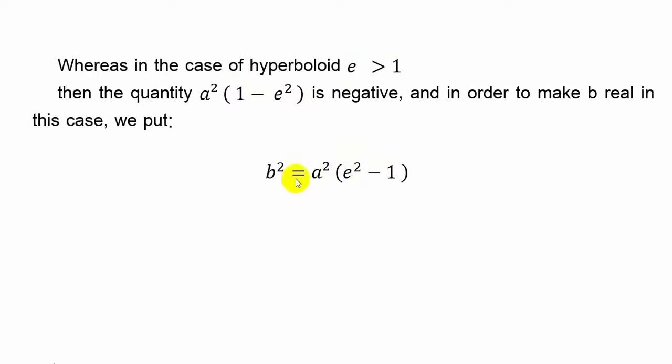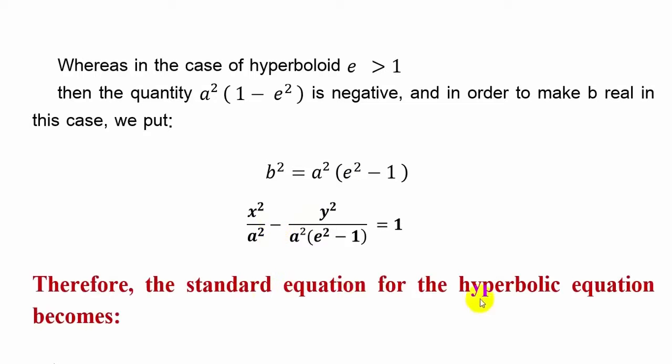That's what we have here in the hyperbola. The second change is that the sign between the two terms becomes negative, and our general standard hyperbola equation becomes like that.